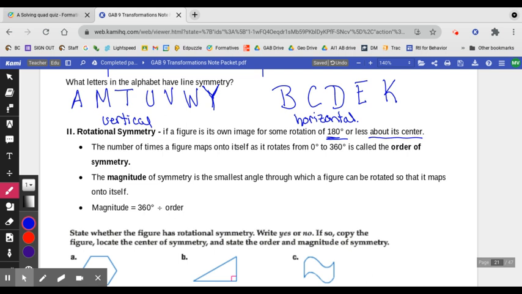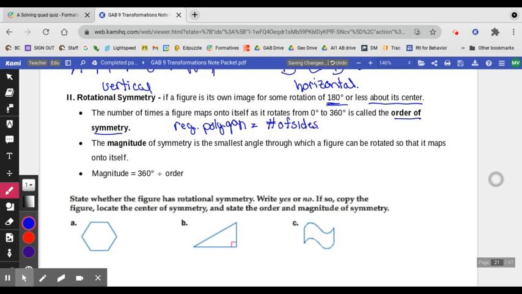The number of times a figure maps onto itself as it rotates from 0 to 360 is called the order of symmetry. Now, for a regular polygon, this equals the number of sides. That's only true for regular polygons.